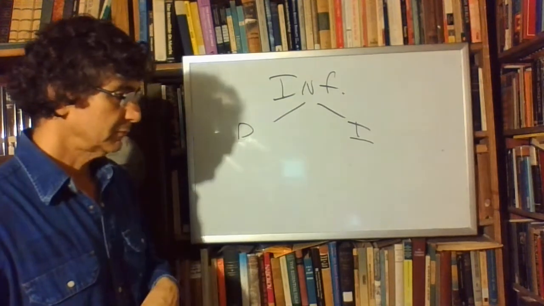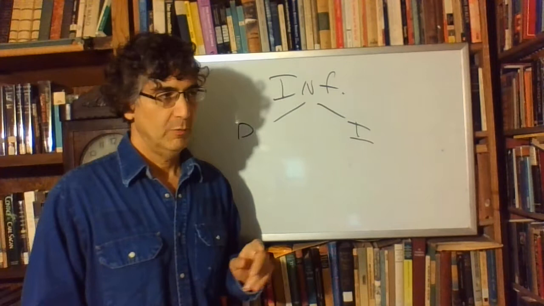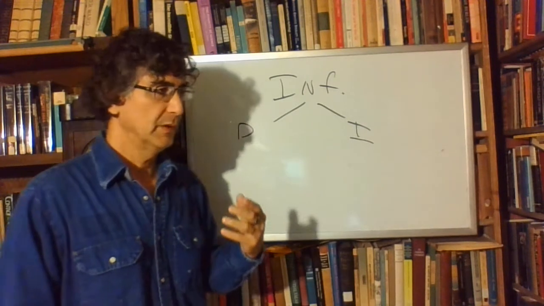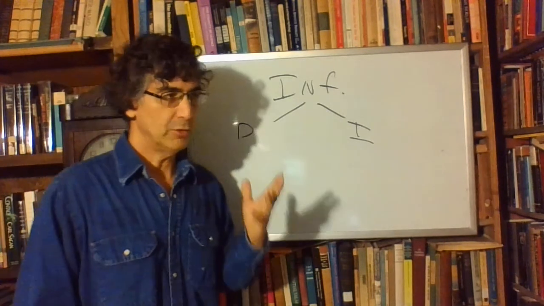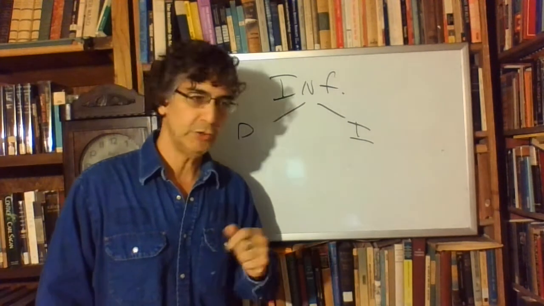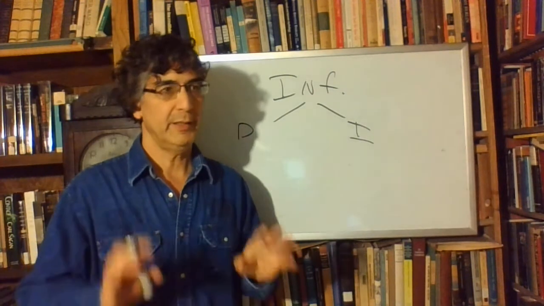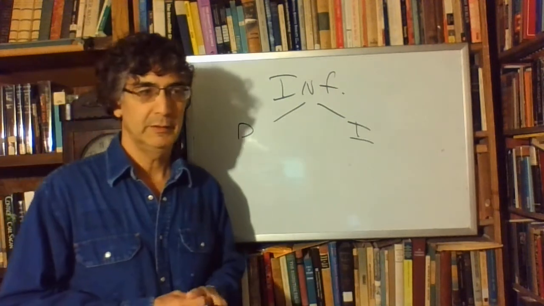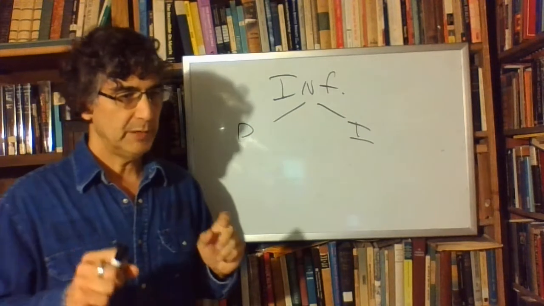So if we take that same inference, we can make it deductive. That is to say, we can take the same premises and draw a conclusion that follows of necessity. But when you do that, there's kind of a trade-off here. In other words, you get a conclusion that is not very useful, and you'll see what I mean. It will follow of necessity now, but it will not be very useful.